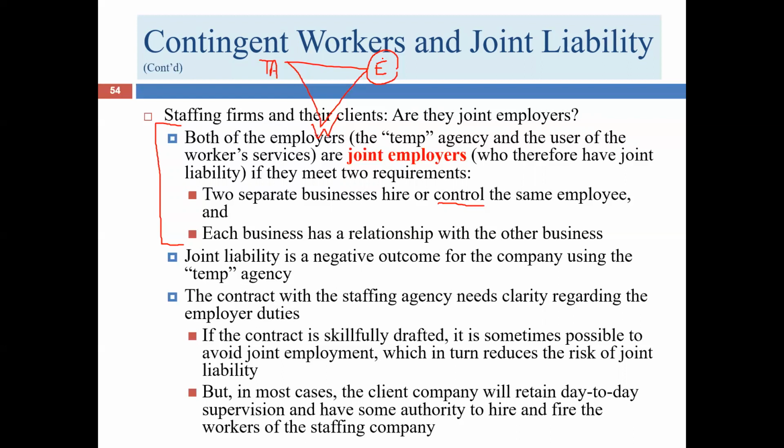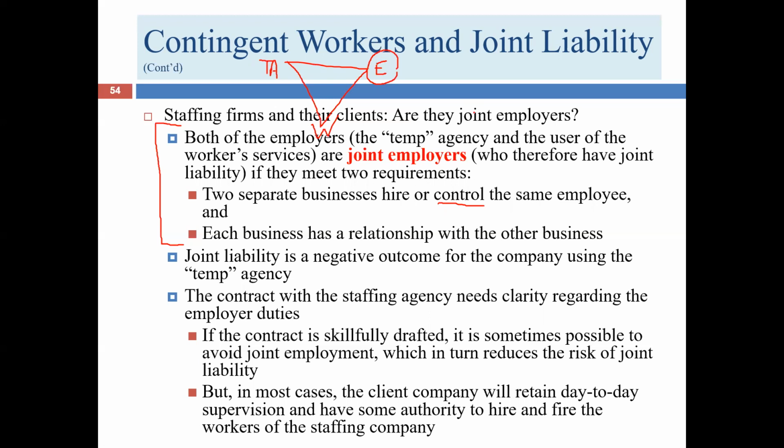All of those aspects seem very much like control, and it's pretty unusual for the employer to not want that level of control. So it's possible to avoid it, but are you really getting what you want in terms of the labor of that worker if you really aren't able to control it very much?